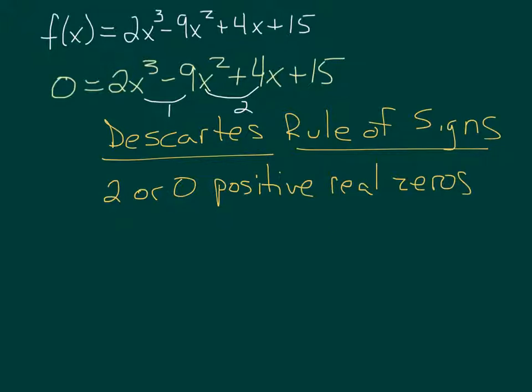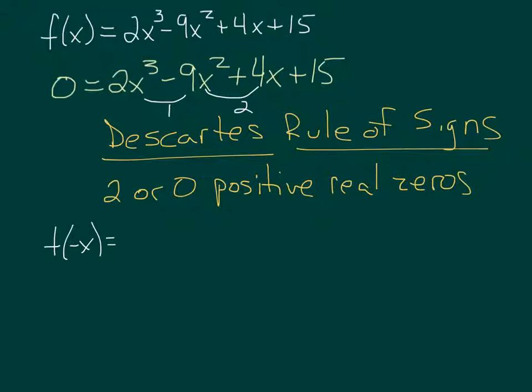To really use this well, we're going to find f of negative x, and I'm just going to rewrite this. When you're plugging in negative x, if the exponent is odd, it's going to change the sign of the term. If it's even, it's going to leave it alone.